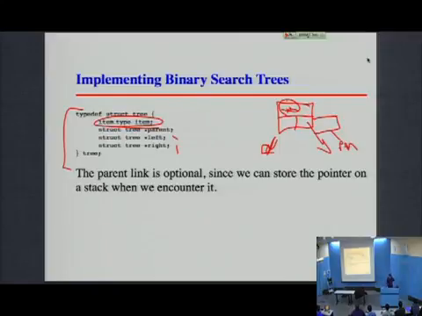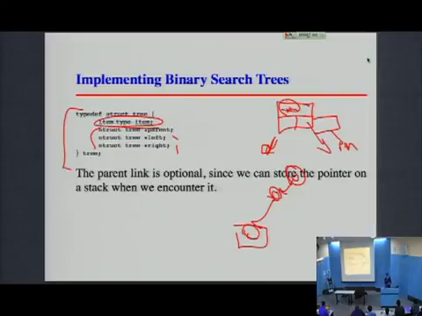Note though that to get to a node, at one point or another, I had to know its parent. The only way to get access in this data structure is from the root on down, right? So if I've gotten a hold of you, it's because I got a hold of you through your parent, right? So it turns out to be sometimes optional whether you keep an explicit parent or not, okay?